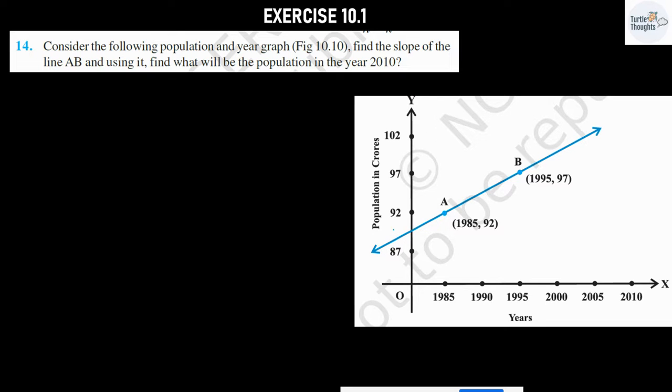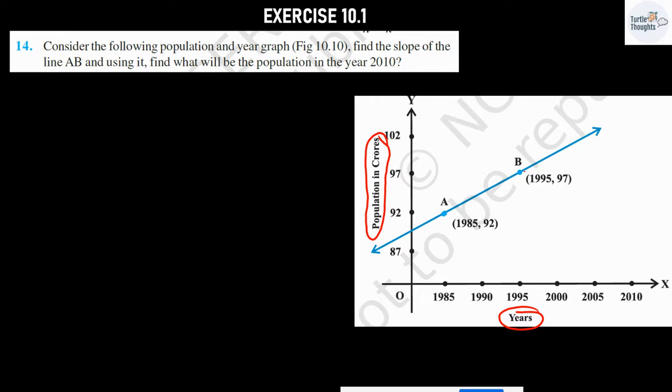So they have given 2 points, A and B. They are asking what will be the population in the year 2010. Now x-axis is taken as years and y-axis is taken as population.